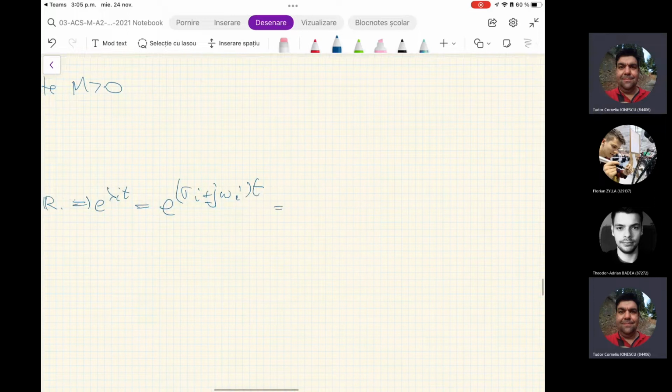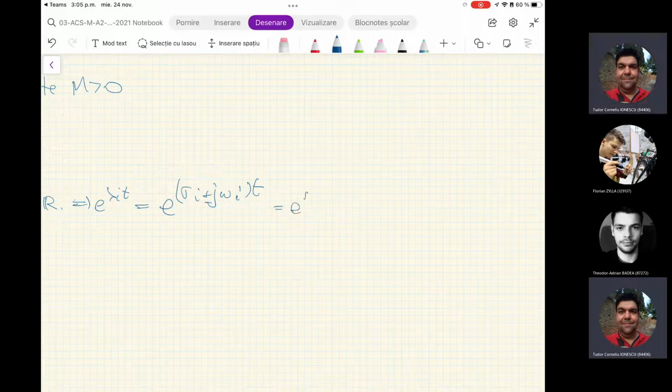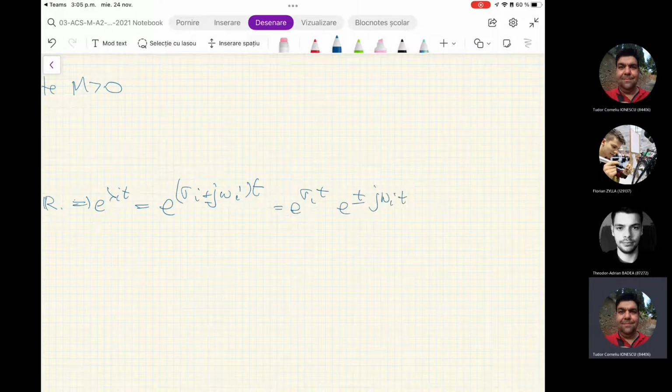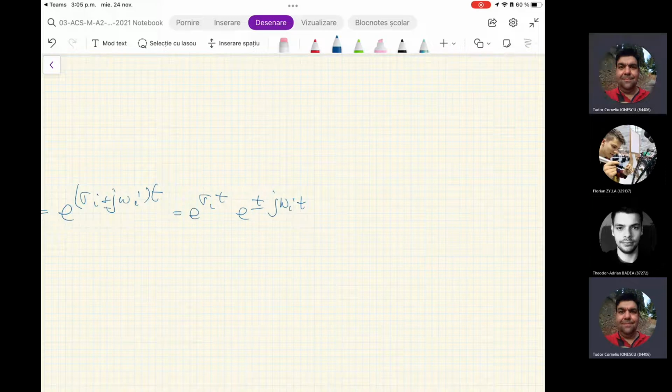So this is e to the power sigma i t times e to the power plus minus j omega i t. Now, how's the limit to infinity?